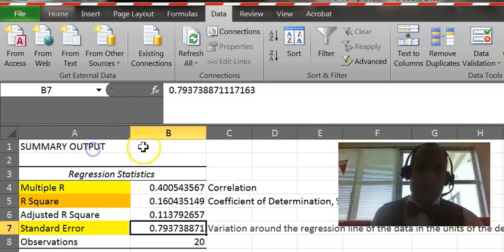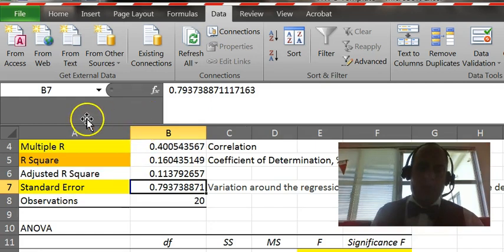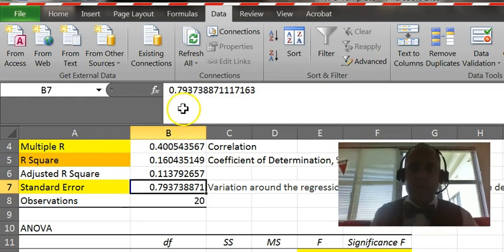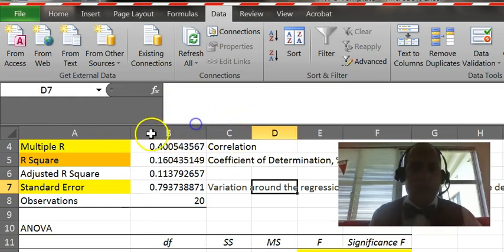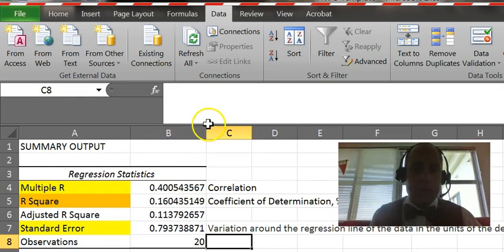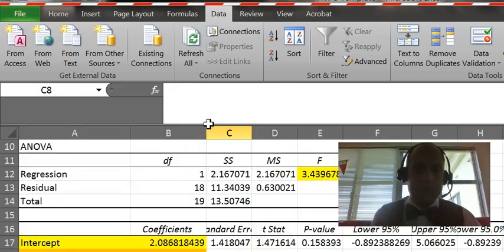And another number my colleagues are interested in you knowing is your standard error. This is the variation around the regression line and the units of the dependent variable, which is the number of orders. I personally don't ever pay attention to standard errors, but whatever, my colleagues do.